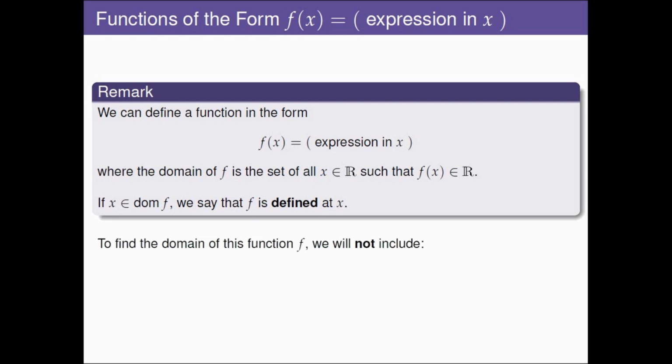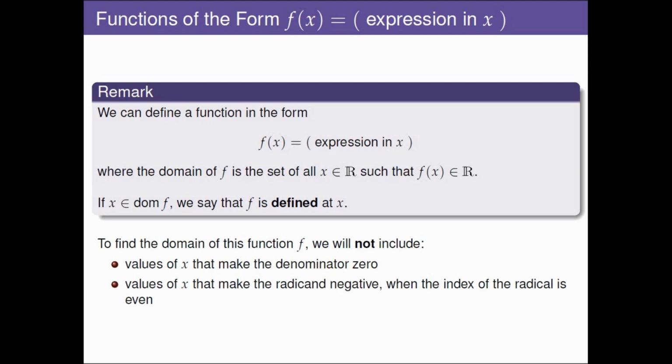To find the domain of this function f, since f must be defined at x, we will not include the values of x that make the denominator 0 and the values of x that make the radicand negative when the index of the radical is even. So let's have some examples.